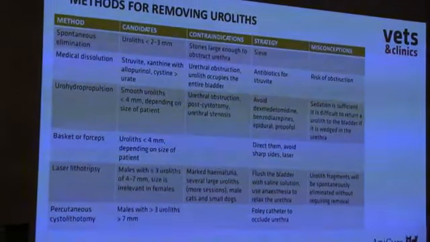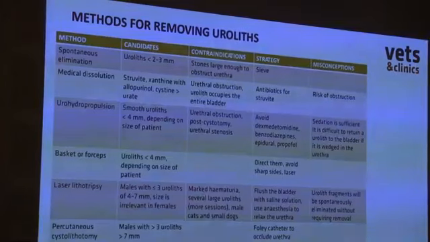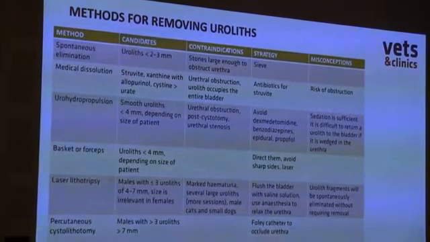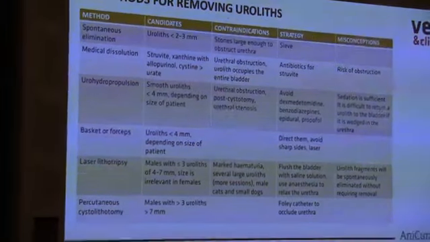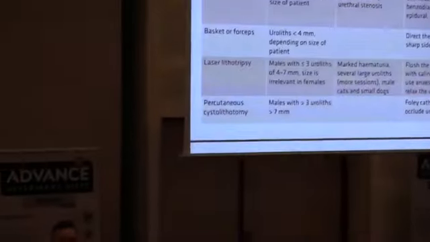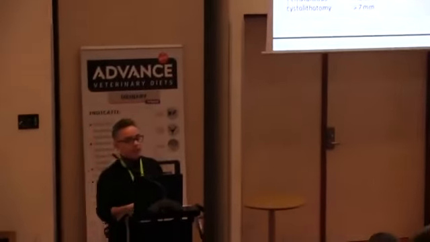Which methods can we use for removing urolites? We have all of these. There could be spontaneous elimination, mainly in female dogs, but it is contraindicated when the stone is large enough to obstruct the urethra.